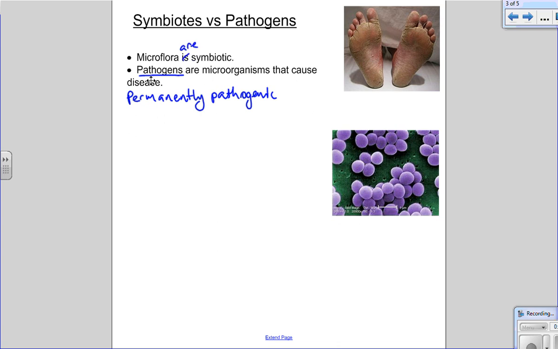so those which are permanently pathogenic, and for example over here we've got tinea pedis, which is athlete's foot. Now, it is a fungal infection that is always pathogenic.